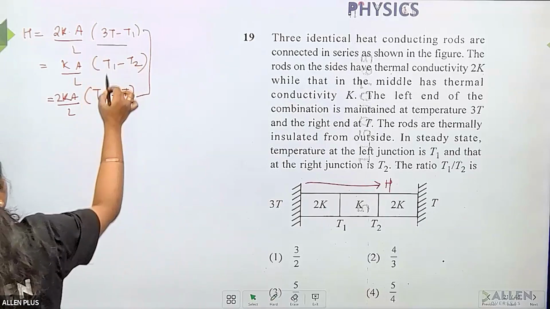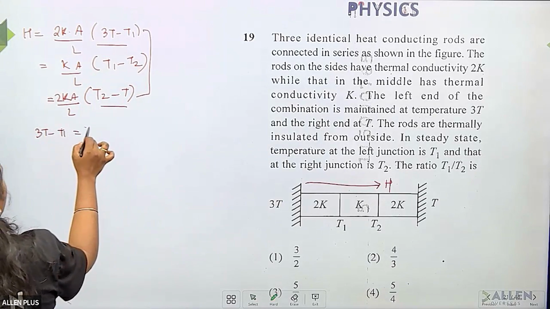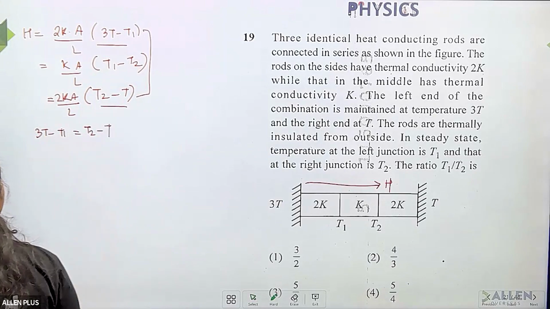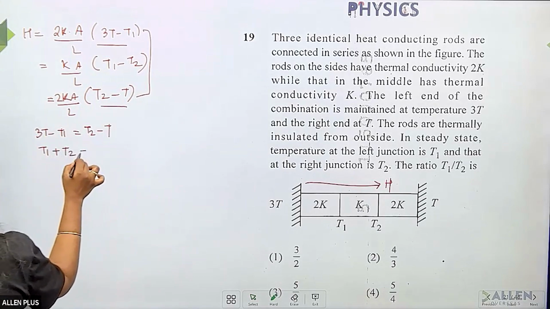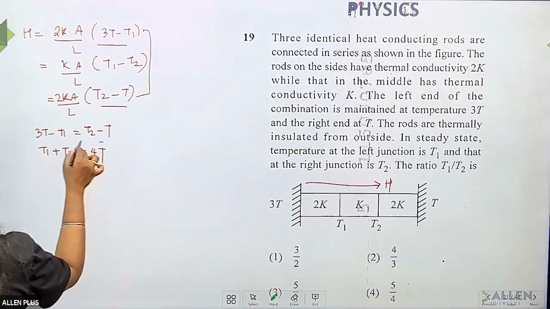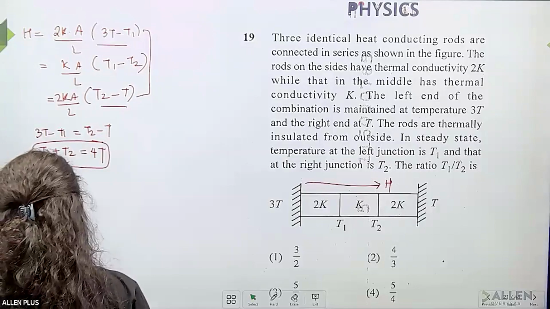So I can say 3T minus T1 is equal to T2 minus T. Or I can say T1 plus T2 is equal to 4T.